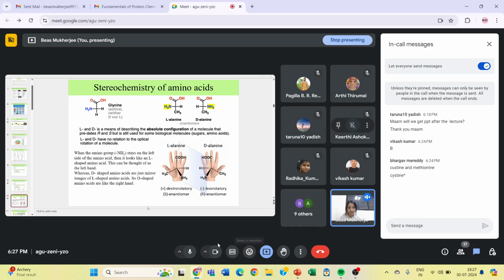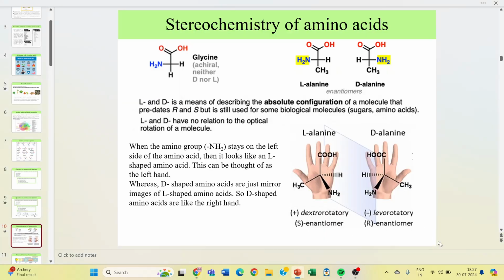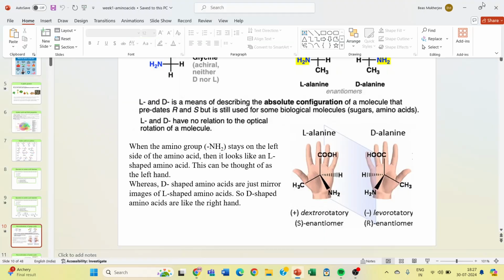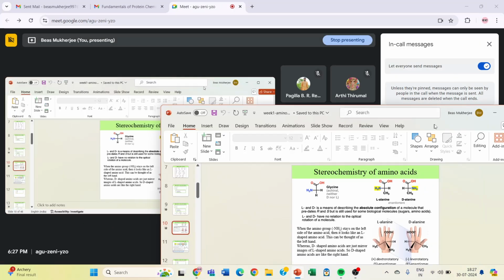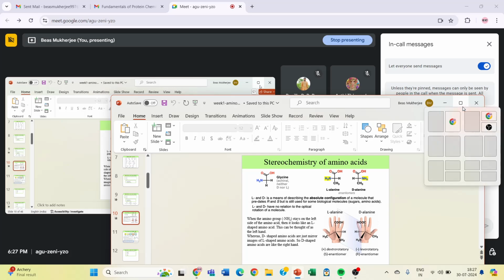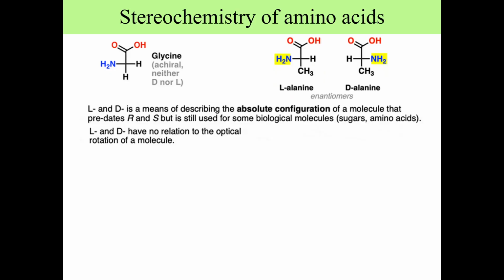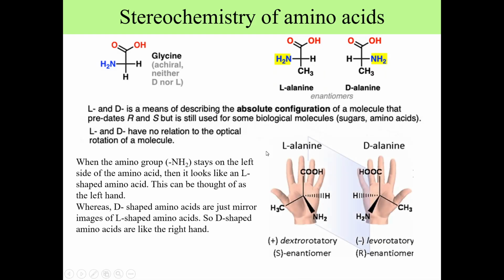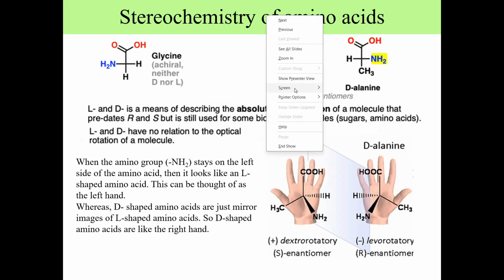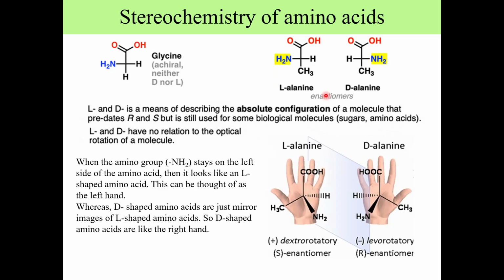If you look at this particular representation, the Fischer projection formula... L and D amino acid refers to the absolute configuration of a molecule, which predates R and S. R and S are again a different way of naming the molecules. So for this molecule, this is L-alanine.